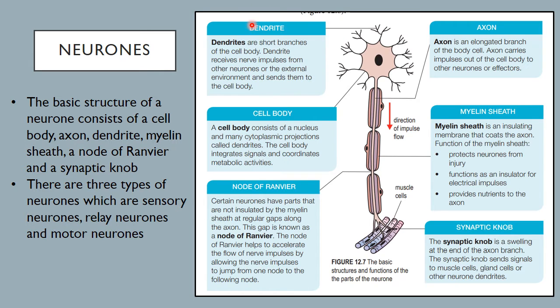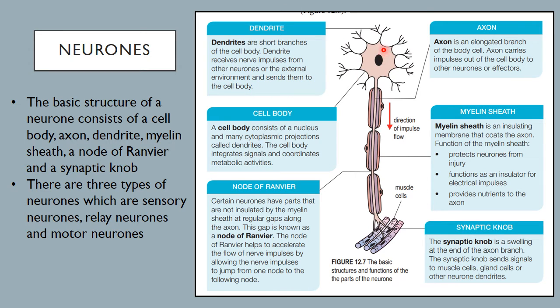So the first part called dendrite, where dendrites are short branches of the cell body. It receives nerve impulses from other neurons or the external environment and sends them to the cell body.